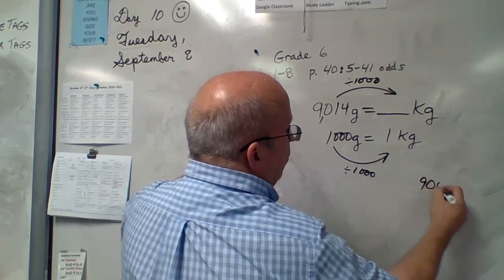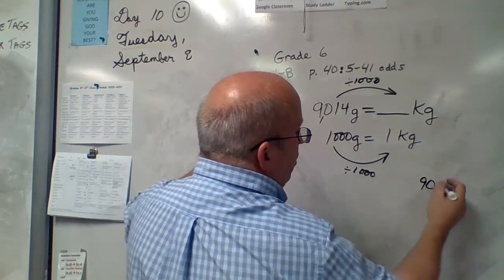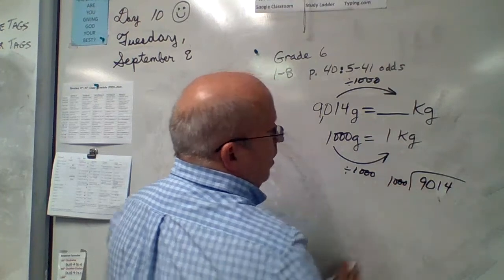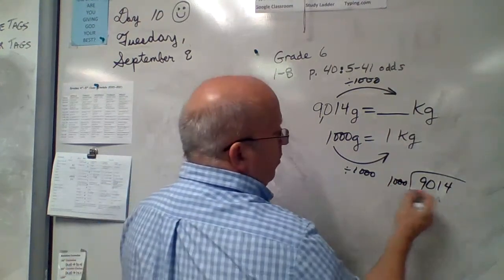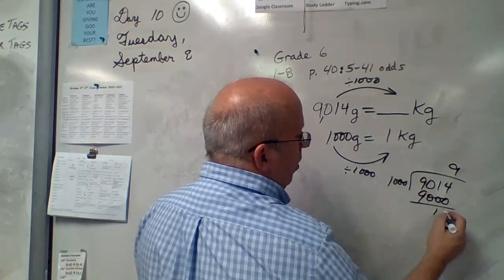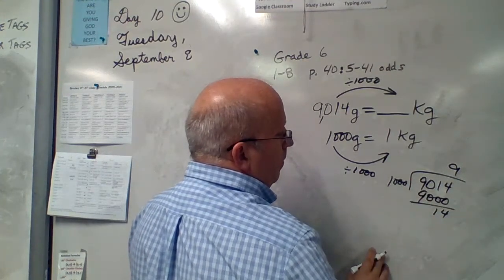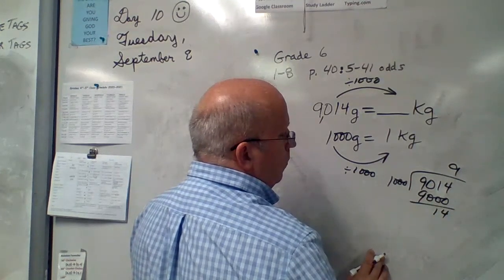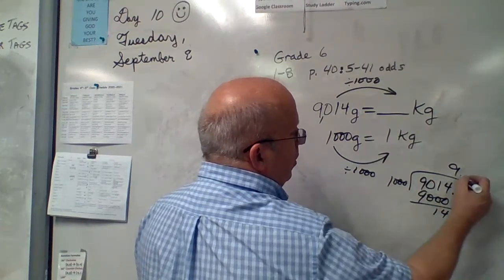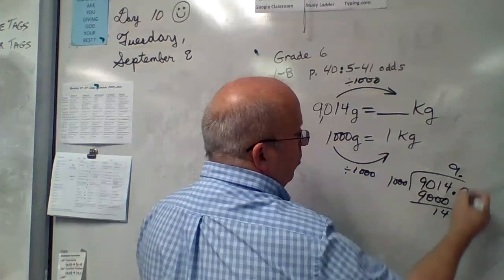So what does this number, 9,014, divided by 1,000 equal? This goes into this 9 times. We're going to have to put a decimal point there and bring down a 0 and bring that decimal point straight up.